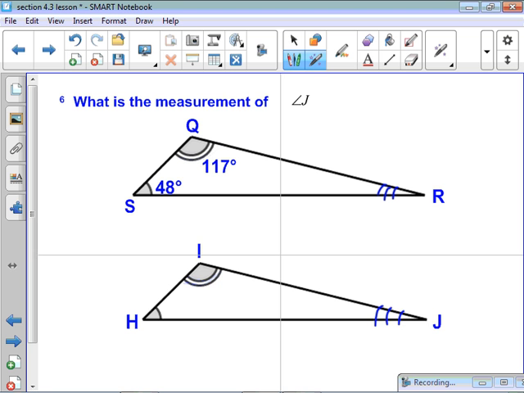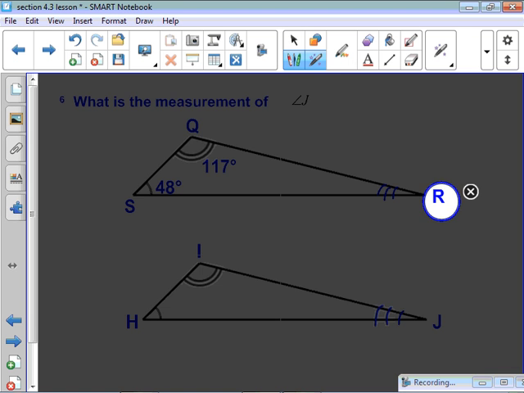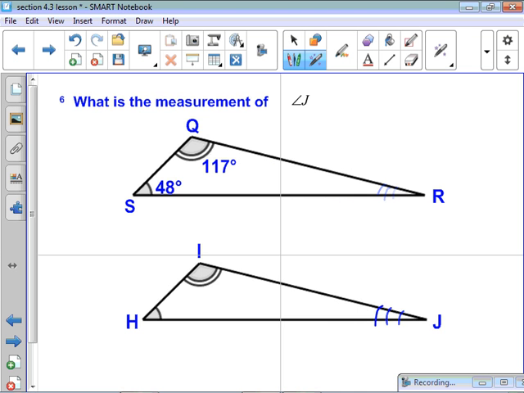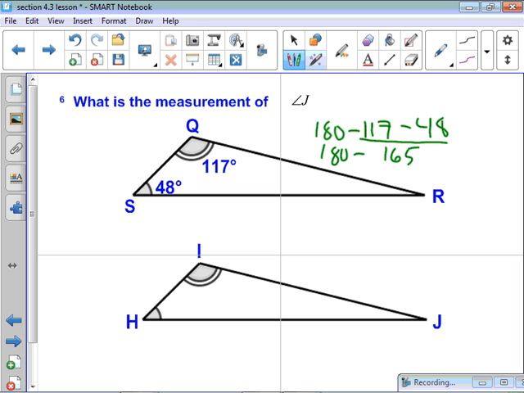So I can figure out what angle R is just by doing my rule that I've known since middle school. 180 minus 117 minus 48. Let's see, 117 and 48 together, that's 165. So 180 minus 165, this one has to be 15 degrees.